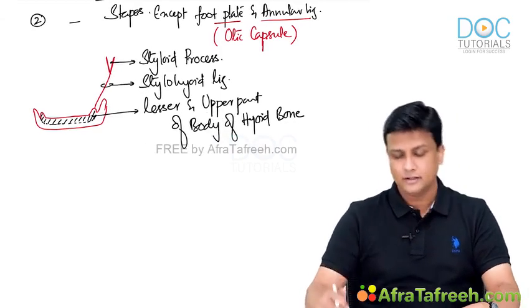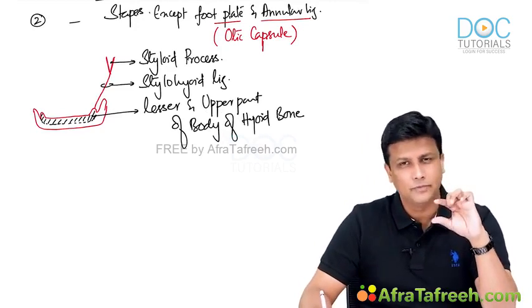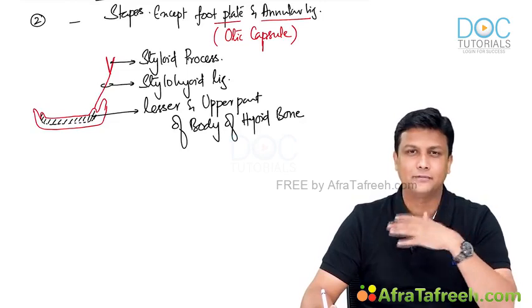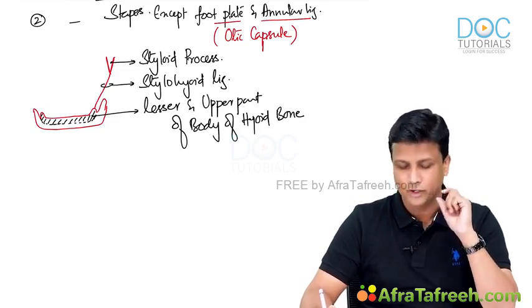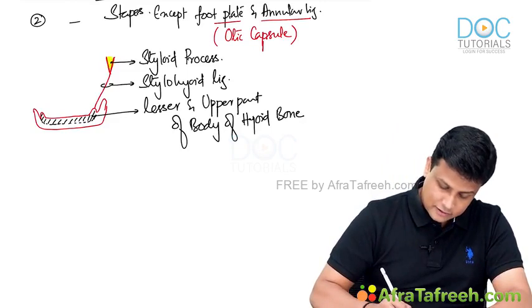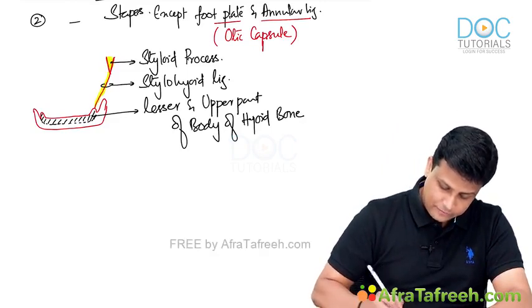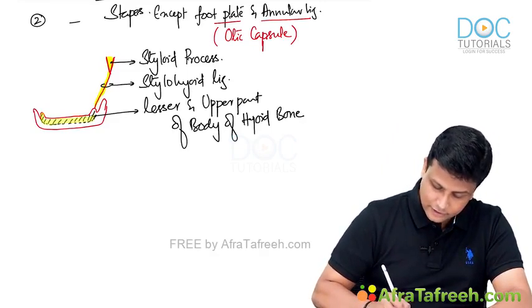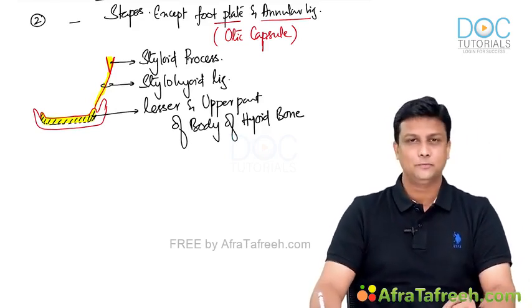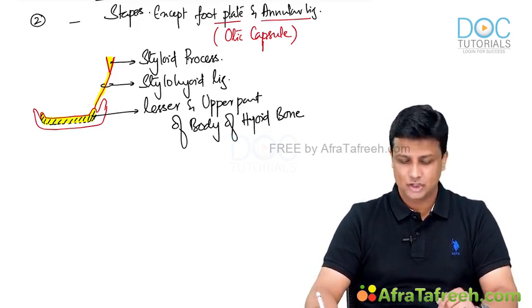So in this manner, if you just remember this simple diagram here, everything else will come in your mind. So instead of just writing paragraphs and mugging up, better draw a small diagram. Styloid process here, and the stylohyoid ligament over here, and only the lesser horn and upper part of the body. All this will be derived from your second arch.